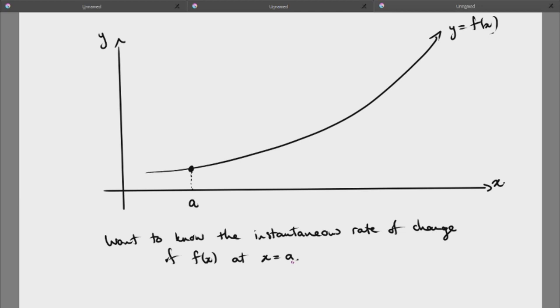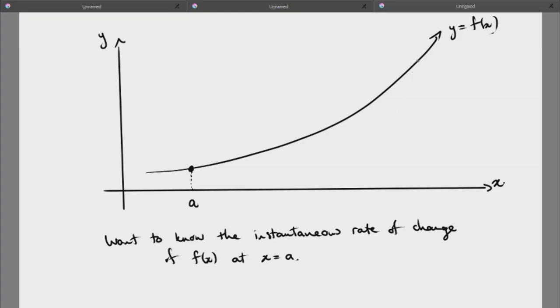We need to understand what the issues are and why we are here to make sense of how we'll proceed. This question is not the same as the average rate of change. Does everyone agree with that? Because the average has a window, and I have now the issue of finding a specific point. So I can only use what I already know.